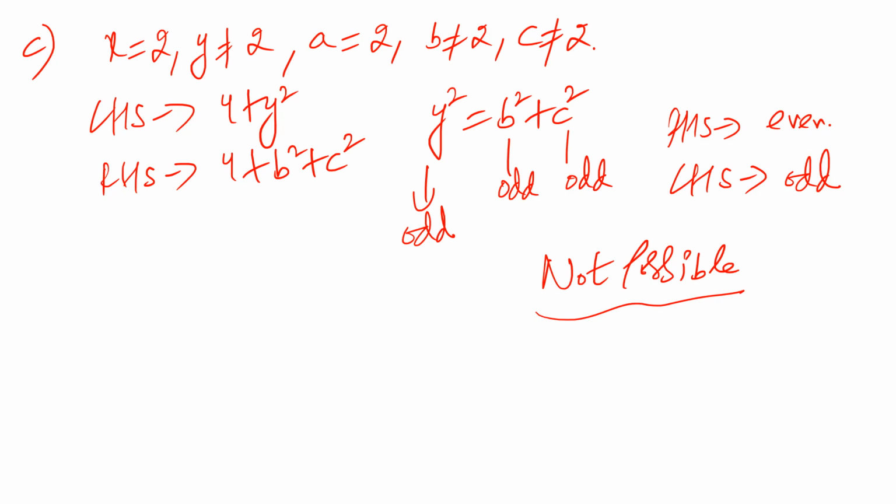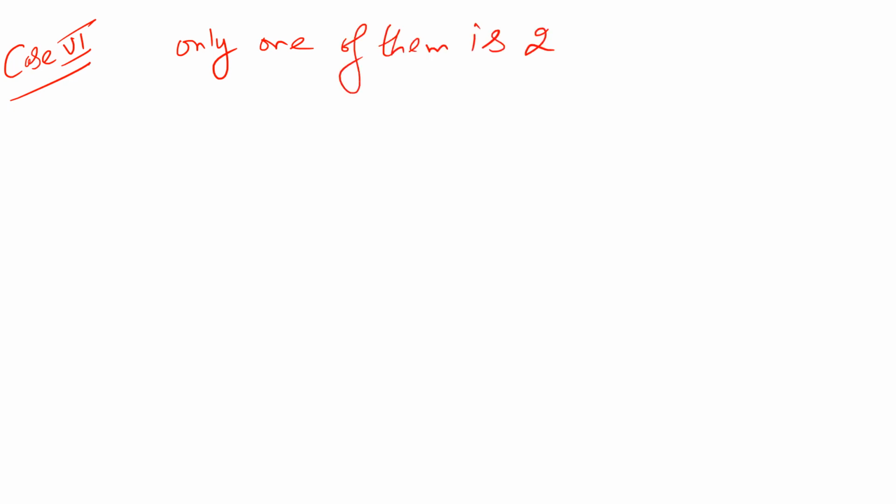Now we move to the last case of this particular question. Now students, we move towards the last case. This is the sixth case, in which only one of these numbers is equal to 2. Right? Now the first subcase can be, if I take x as 2, rest all of them not equal to 2.